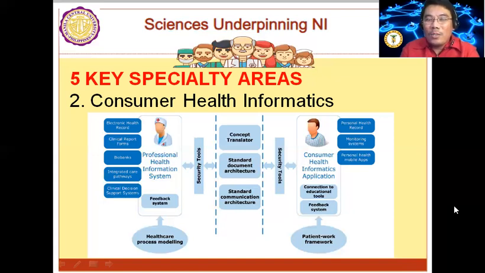The clinical decision support system is on how the health team members process the care management of the client, which in the professional health information systems gives us the idea of the feedback system and healthcare process modeling. If you say healthcare process modeling, this will give us the picture or the structure of how this information has been processed as one security tool.